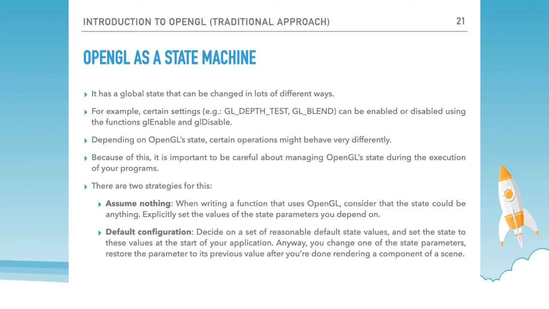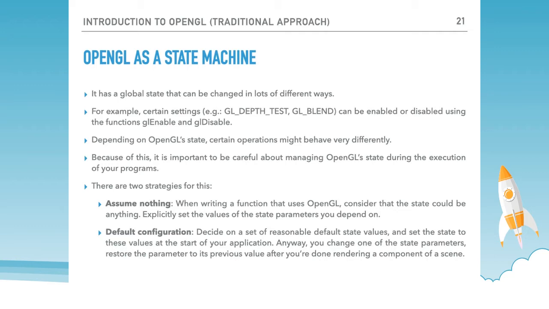There are two strategies for this. First, you assume nothing. When writing a function that uses OpenGL, consider that the state could be anything. Explicitly set the values of the state parameters you depend on. The second strategy that you might use is default configuration.